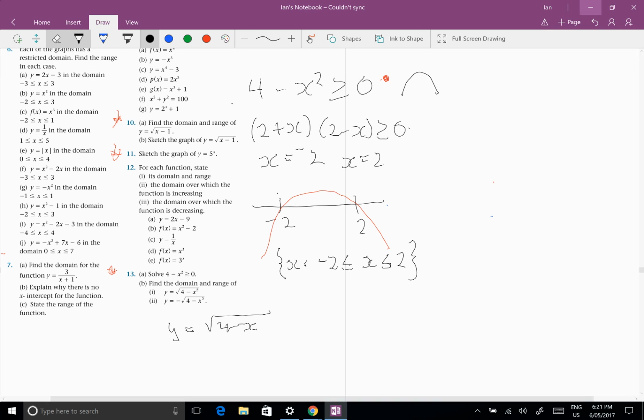Goodness me, this pen, it's driving me bonkers. 4 minus x squared. I'll square both sides and we get y squared equals 4 minus x squared, which is the same as x squared plus y squared equals 4.